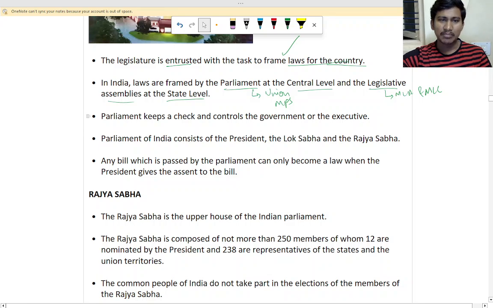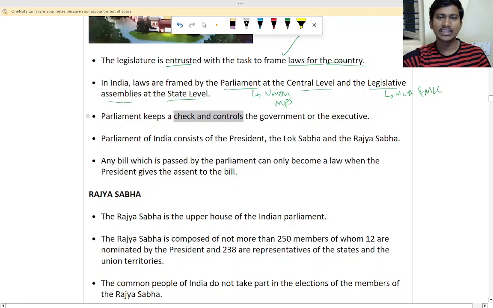So next, Parliament keeps a check and control on the government or the executive. That is, whatever is happening in and out of the government, daily activities, everything, they keep a check, meaning they oversee it, and they control it.